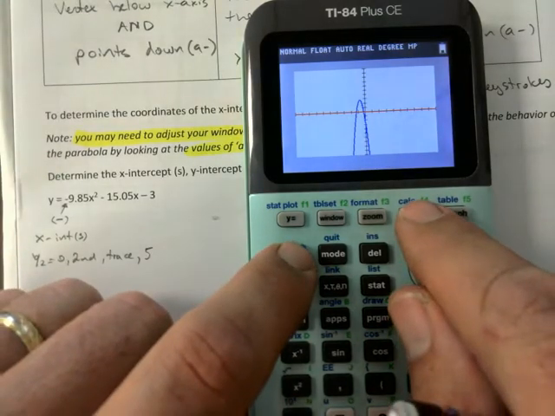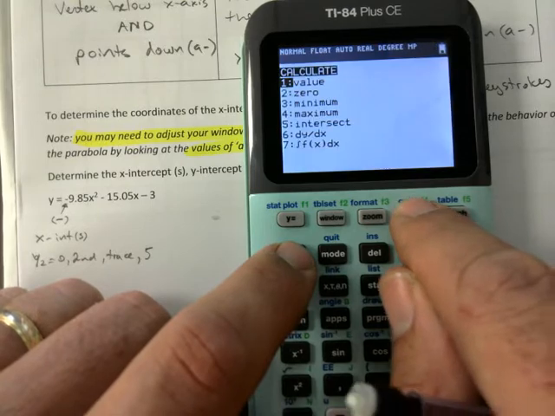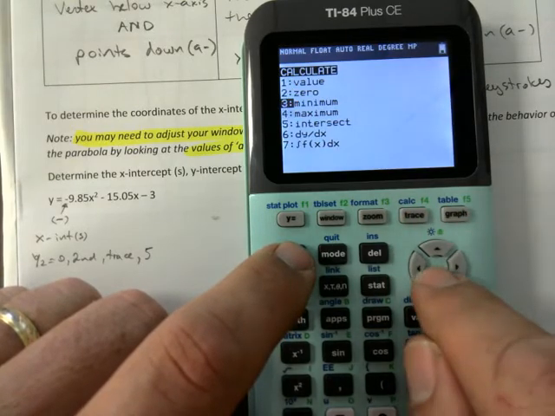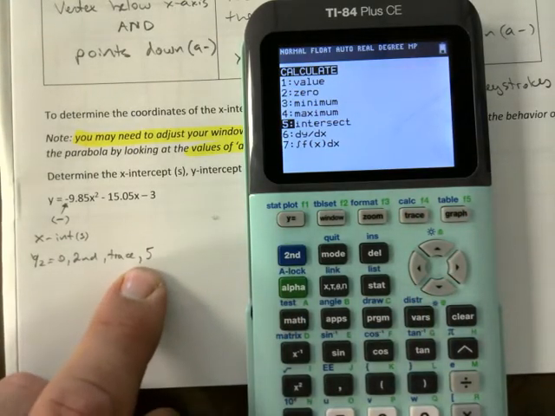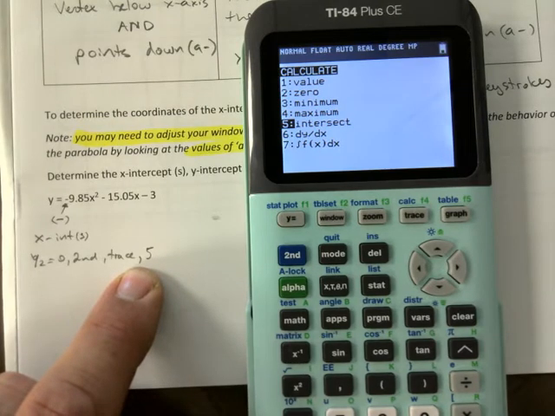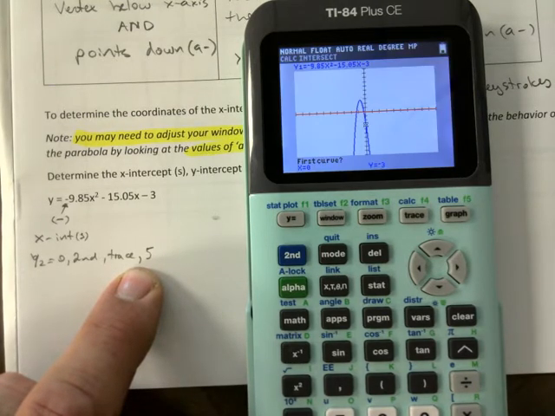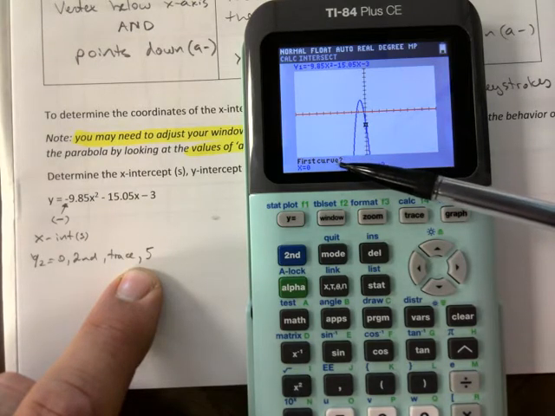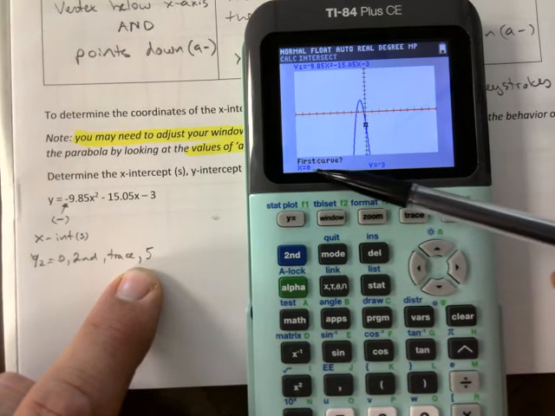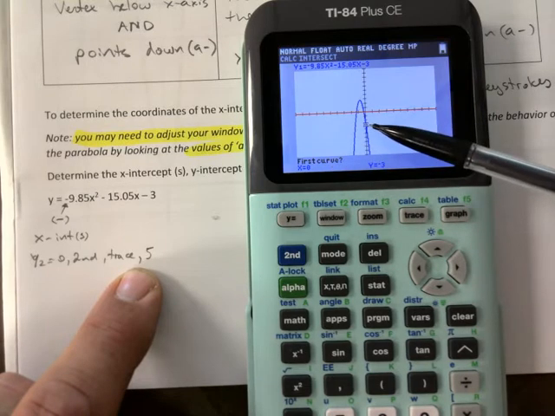And now we can go second, follow me, second, trace, and we're going to use that intersect, which is the 5th option. Second, trace 5, and watch what it's asking you for here. The bottom is saying first curve; by default, your cursor is going to be on whatever is on Y1.